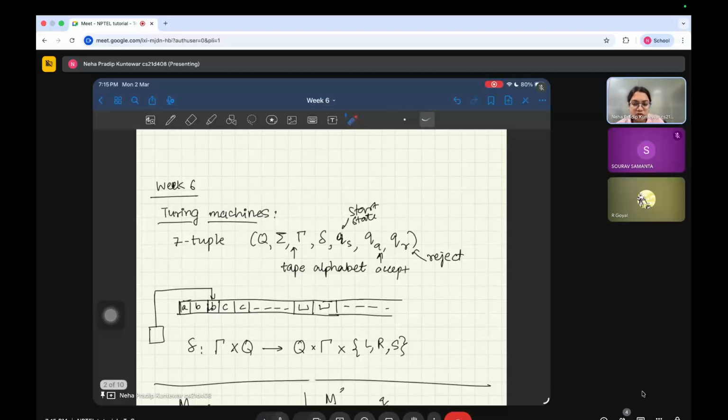Because I could make Q have these states in it, in which case Q contains all the three states. Otherwise, it's not a valid description. Or I could say that these are three different states outside Q. It shouldn't matter. Okay, all right, fine. Thanks. Any other questions?